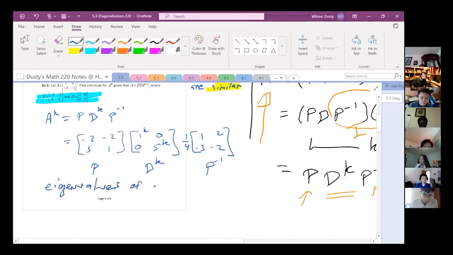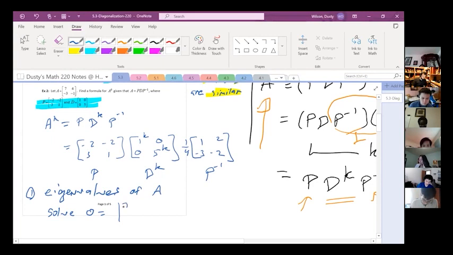And these are the eigenvalues of matrix A. So to find the eigenvalues of matrix A, I need to solve 0 equals the determinant of [7 minus lambda, 4; -3, -1 minus lambda].